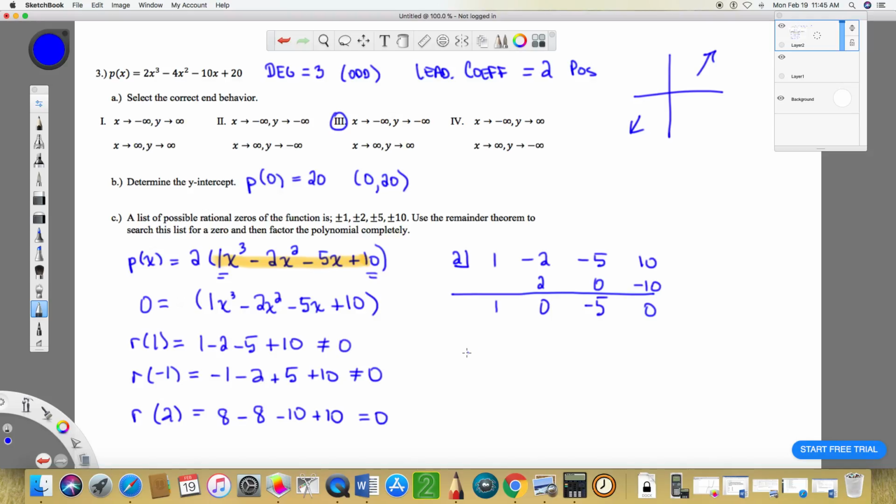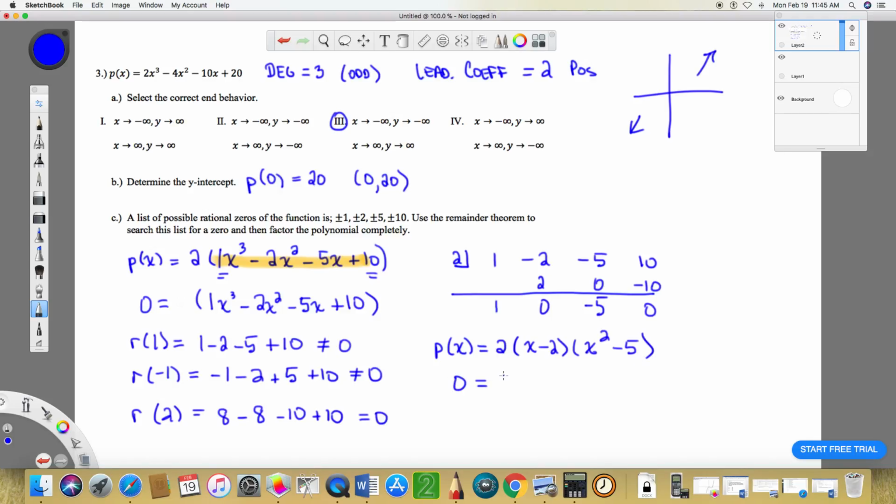And I do get a 0, so that means that this polynomial function factors to x minus 2, and this is 1x, this says 0 x's, so x squared minus 5.